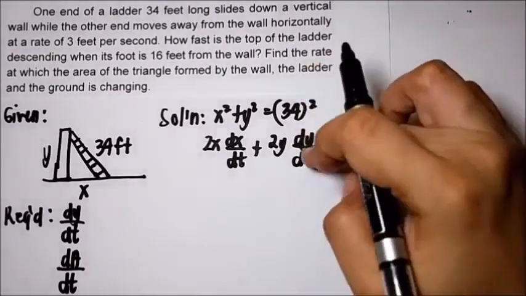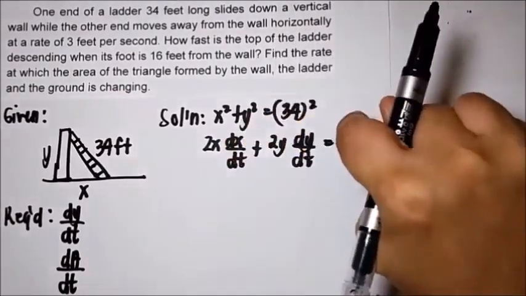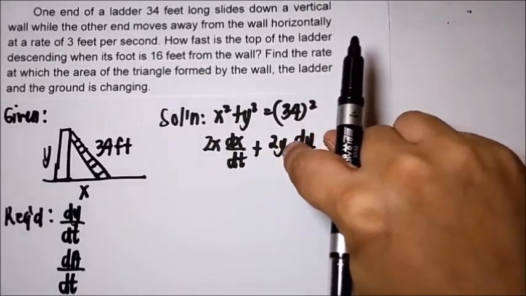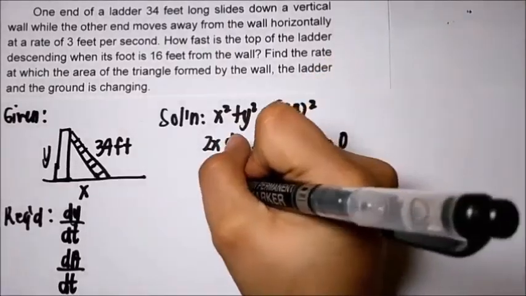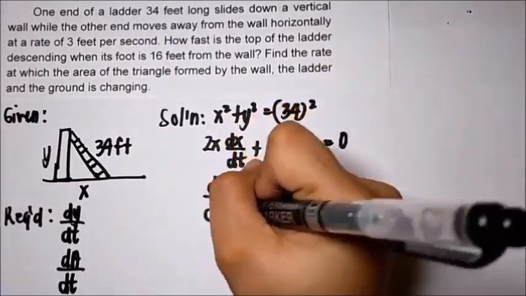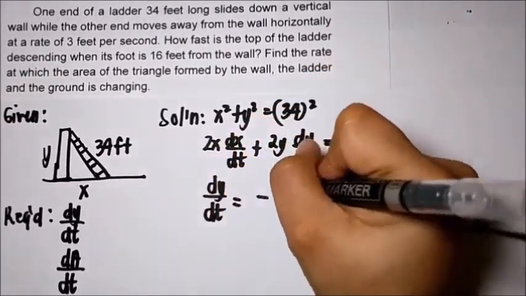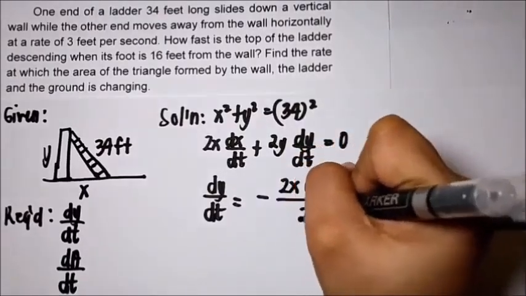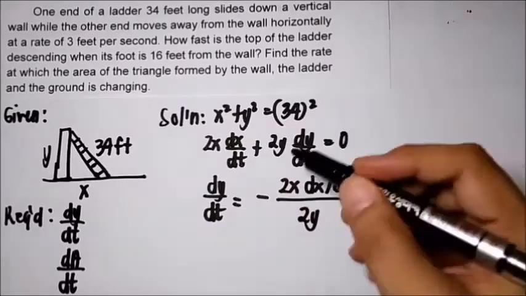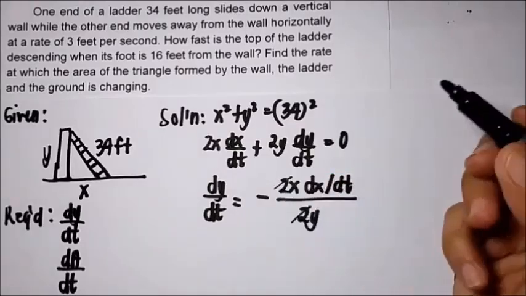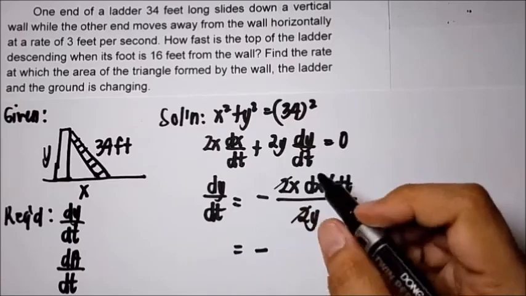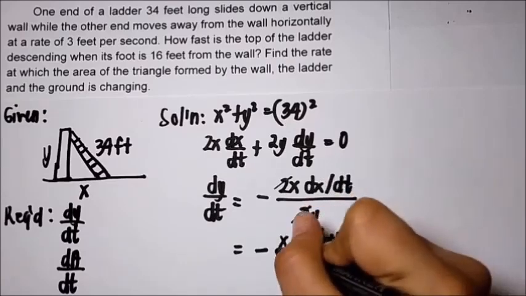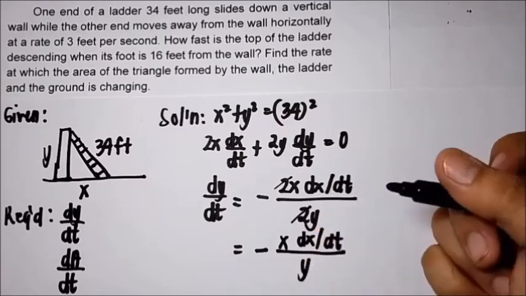We need the value of dy over dt, so we will transpose this one to the other side. It would become negative. And then divide both sides by 2y. So we can now have dy over dt, which is negative 2x dx over dt all over 2y. We can still simplify this one: negative x dx over dt, all over y.